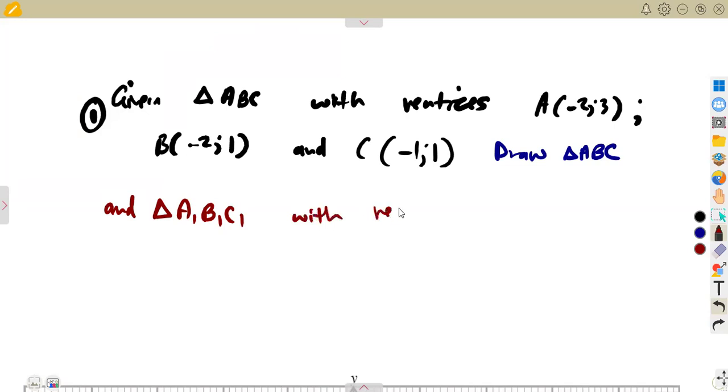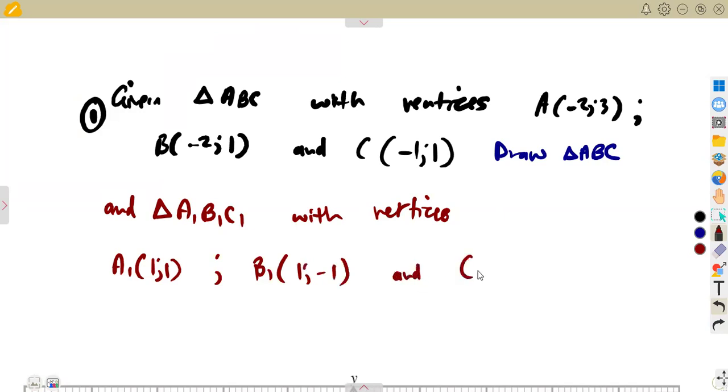Let's say A1 is given as (1, 1), B1 is given as (1, -1), and point C1 is given as (2, -1).